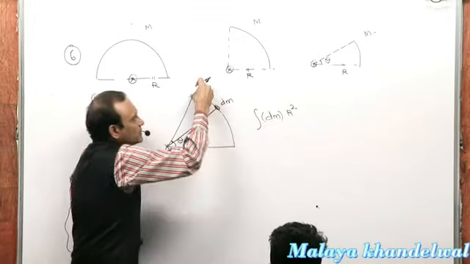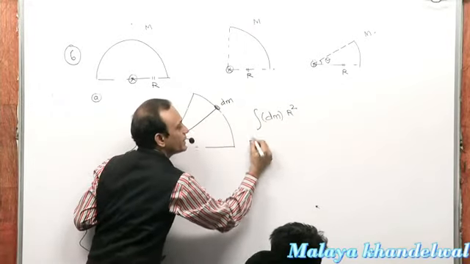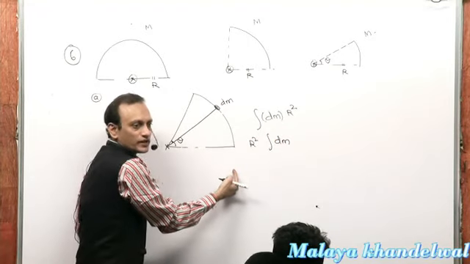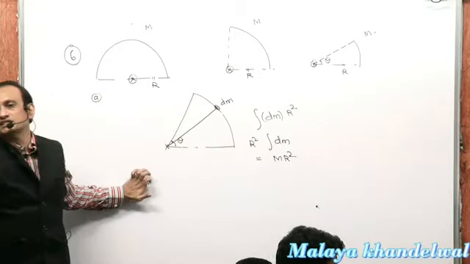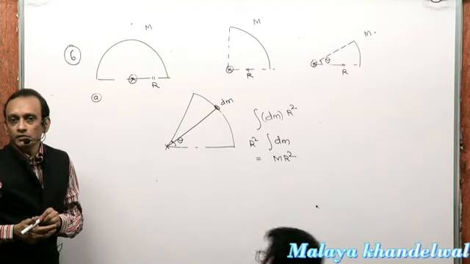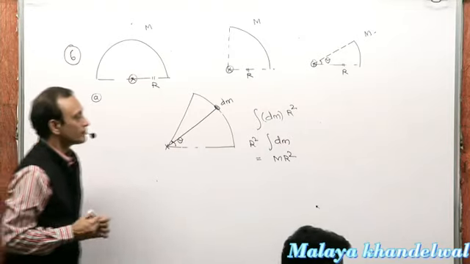Now for all the dm's that you choose along the ring, r is the same, right? So r squared will come out, and then we have the sum of all the dm's, which would be the mass of the ring. So that's simply going to be mass into r squared. So for each of these cases, the moment of inertia is mass into r squared. Clear now? Certain about whatever I'm saying? Right? Stand by.